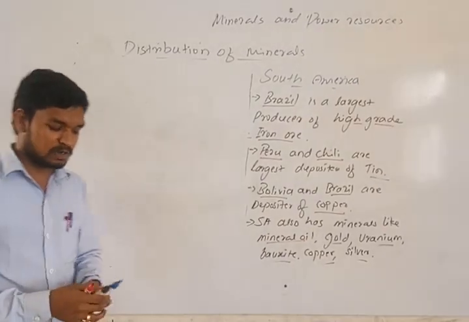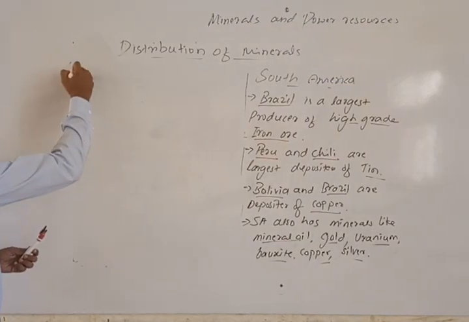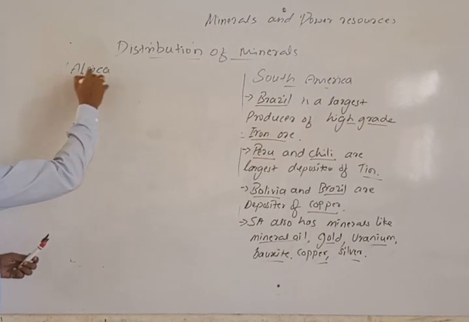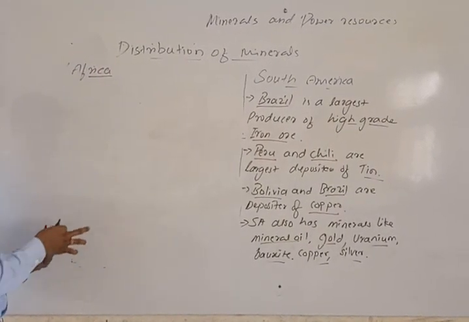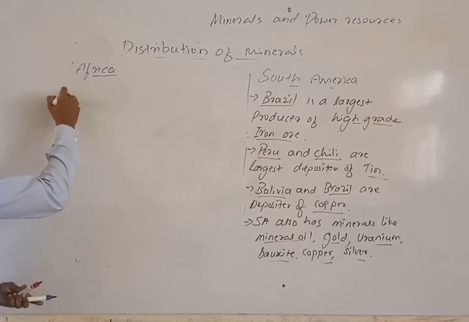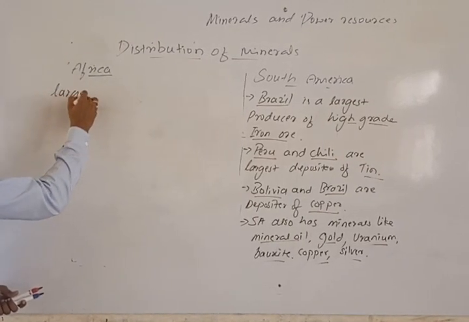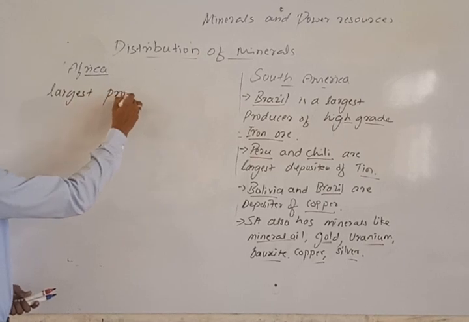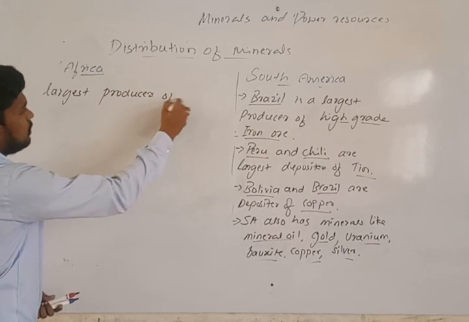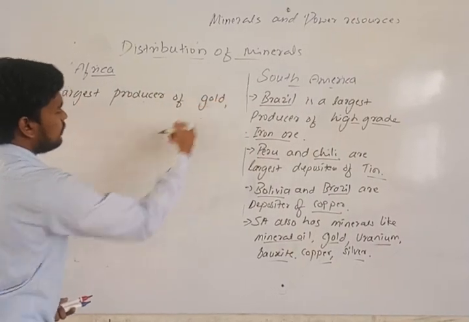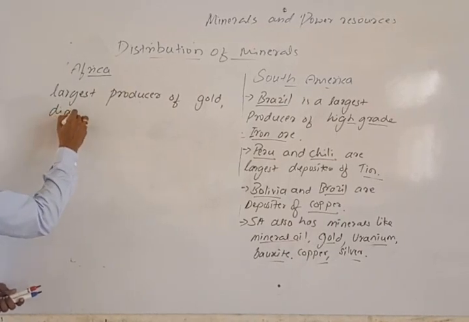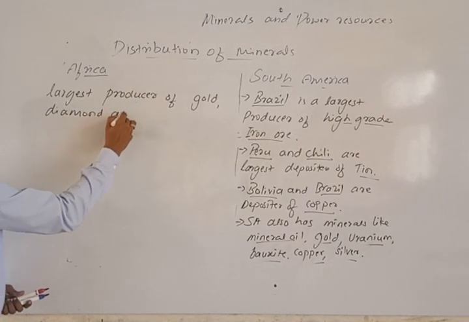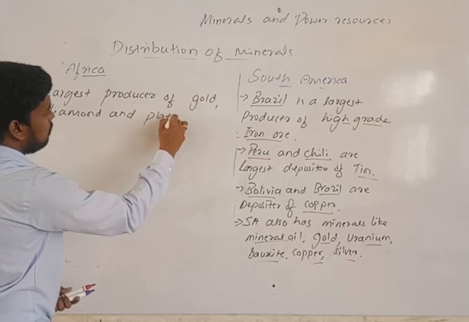Africa is the largest producer of diamond. Africa is the largest producer of gold, diamond and platinum.